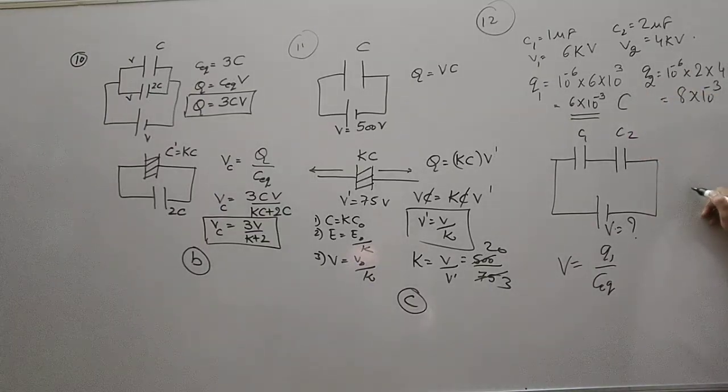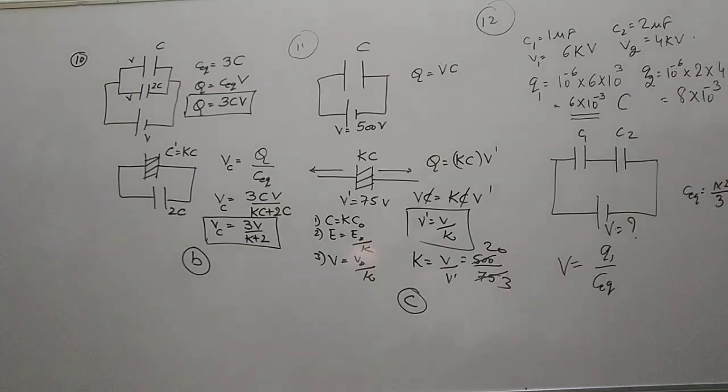So I find the C equivalent is equal to 1 into 2 upon 3, that is 2 by 3 microfarad. So this will be the 2 by 3 microfarad equivalent capacitor it can withstand.